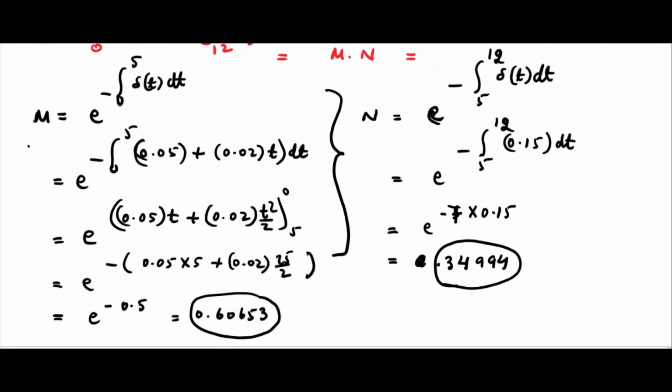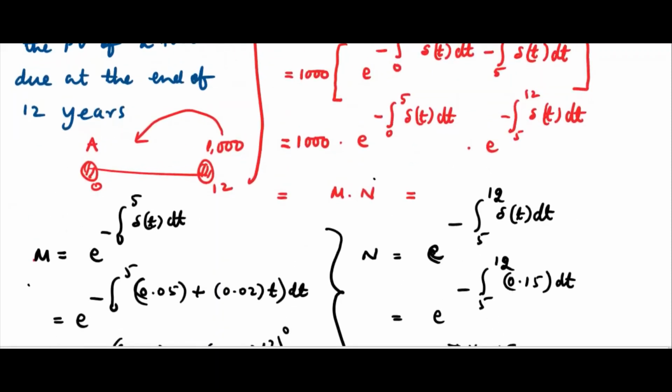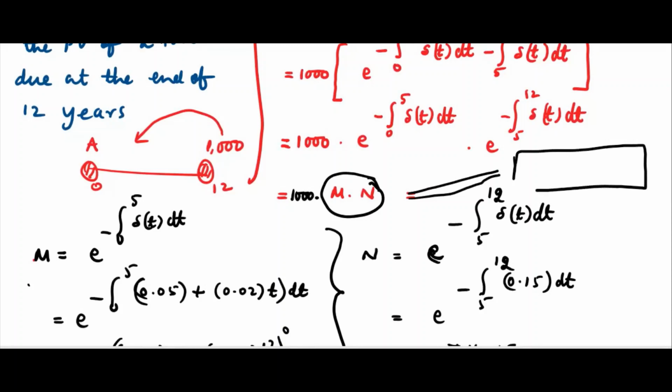So if you put all these here, use a calculator, the final answer will be m multiplied by n, and then we have 1000 as well. Let me write 1000. Here we get the final answer. Check it.